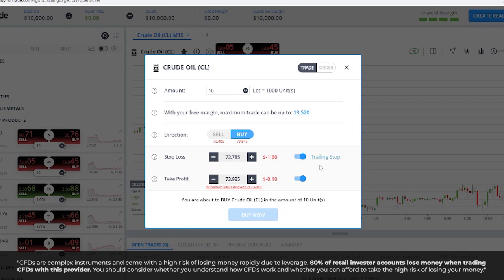Take profit is the level where your position will close itself, collect the potential profit that you made and direct it to your account balance. You can activate these options by simply clicking the button to the right and adjust the desired level.